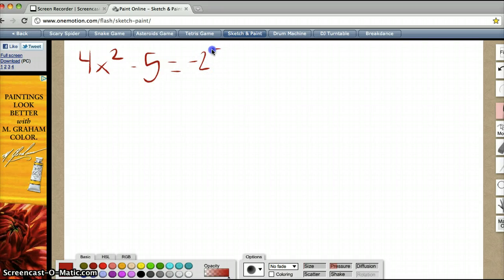Okay, so again, we need to get x by itself. So first thing we're going to do is get rid of our 5 and bring it to the other side. So plus 5, plus 5. And we've got 4x squared equals a negative 20.